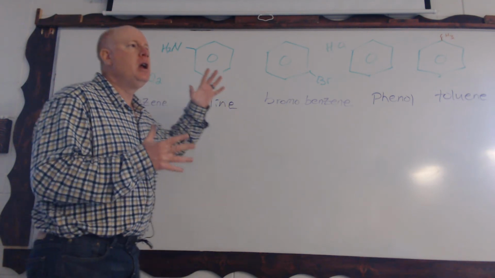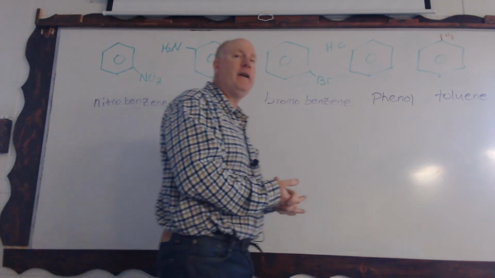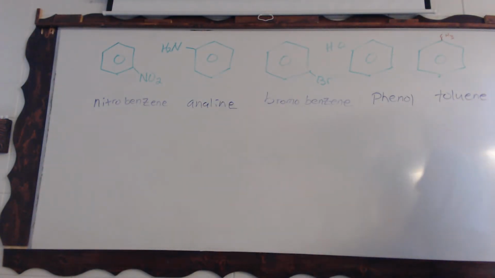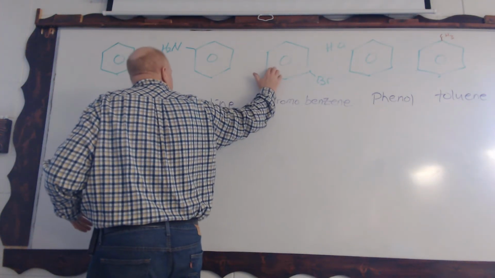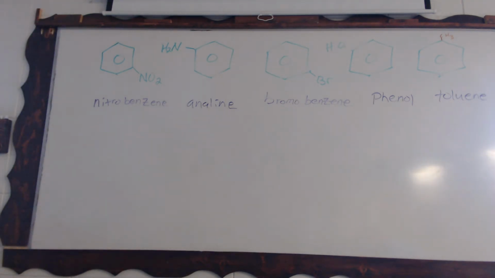So, what I want you to do is pick a number between 1 and 5. 3. Okay? And with that, here we go. Go ahead and pick a halogen. You just need to pick a halogen.